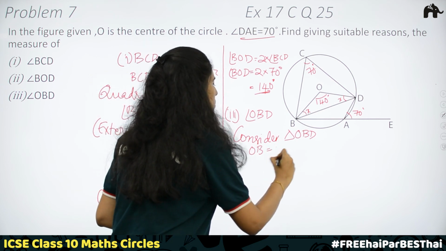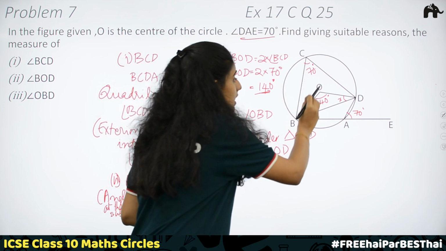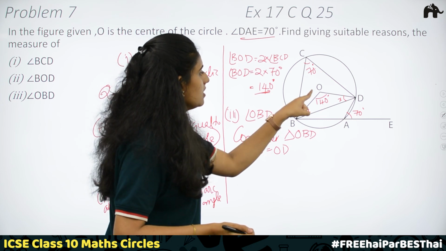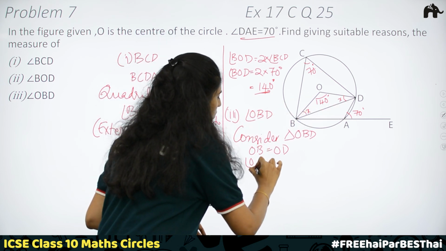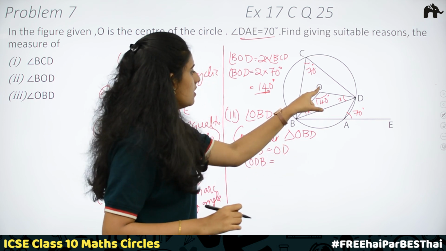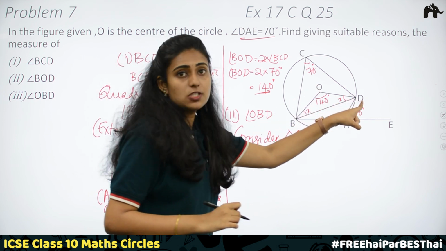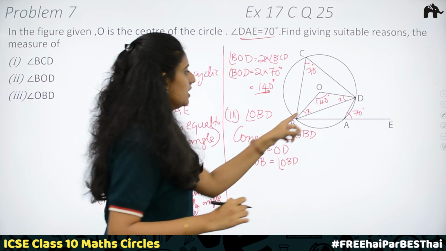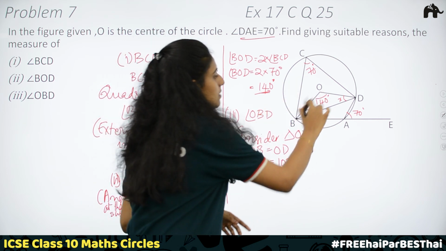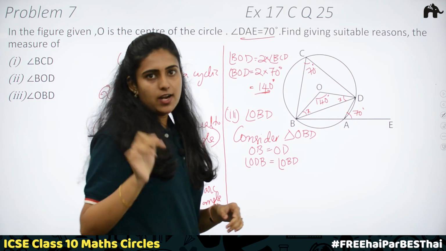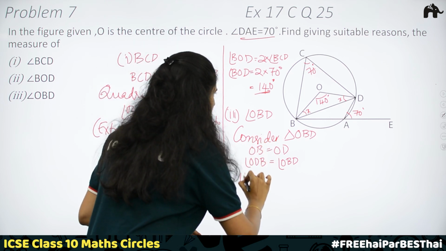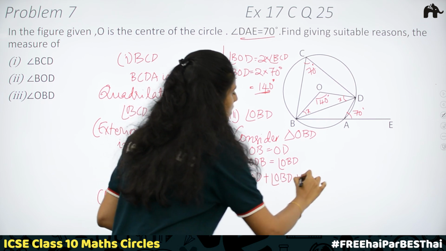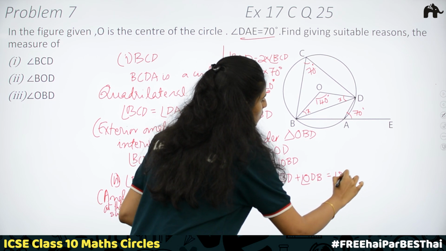OB is equal to OD. Therefore, angles opposite to equal sides should also be equal. Opposite to OB, I am having ODB. Angle ODB will be equal to angle OBD. OBD is the angle opposite to side OD. And I am taking them as X. Okay. We have the sum of interior angles of a triangle equal to 180 degrees. Therefore, angle BOD plus angle OBD plus angle ODB is equal to 180 degrees.